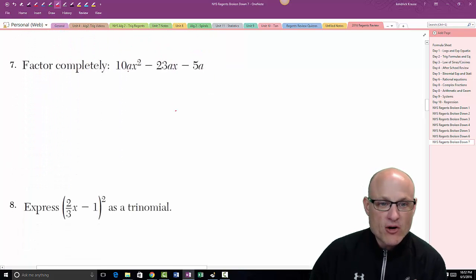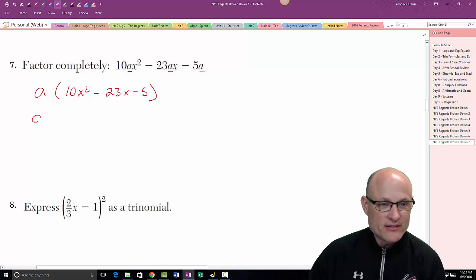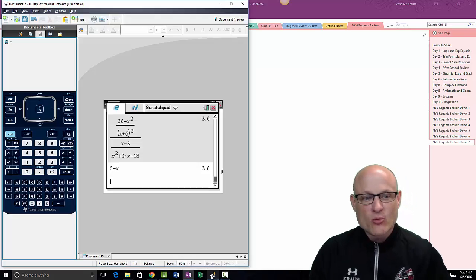What do they have in common? They all have an a. Do they all have an x? Nope. Do they all have a 5? Nope. So I can take out an a, and I'm left with 10x squared minus 23x minus 5. Now that factoring does look quite nasty, but let me show you how this calculator works.